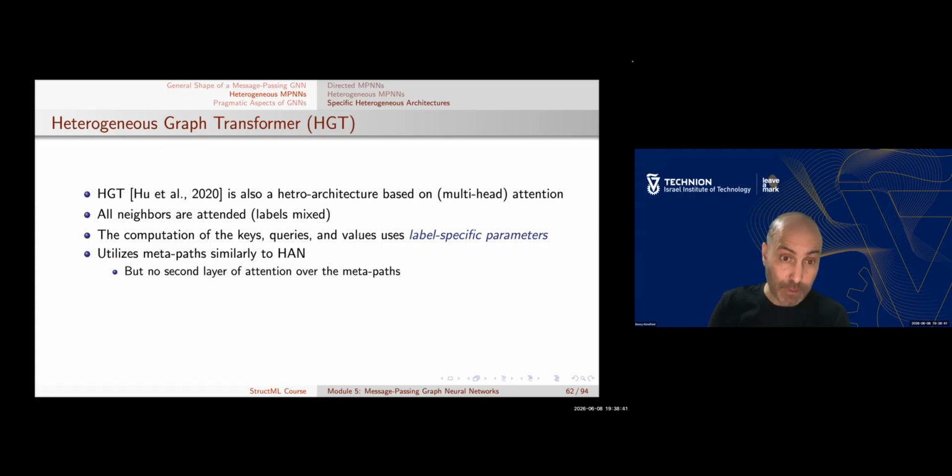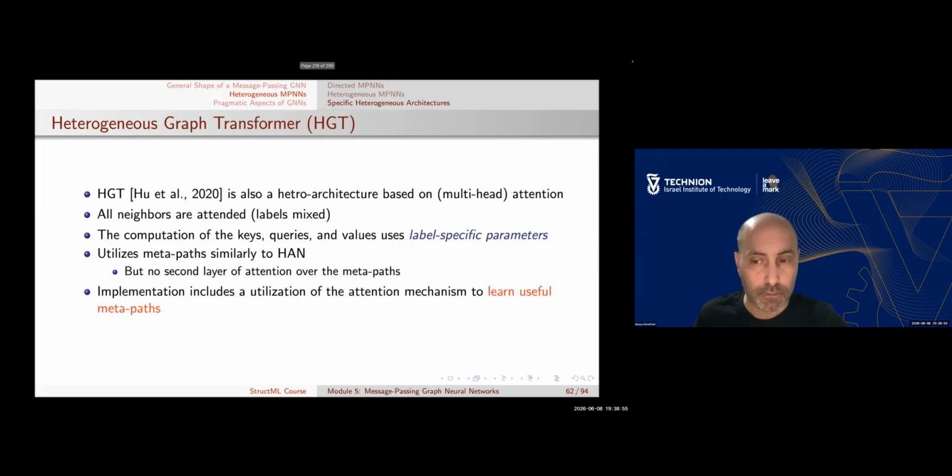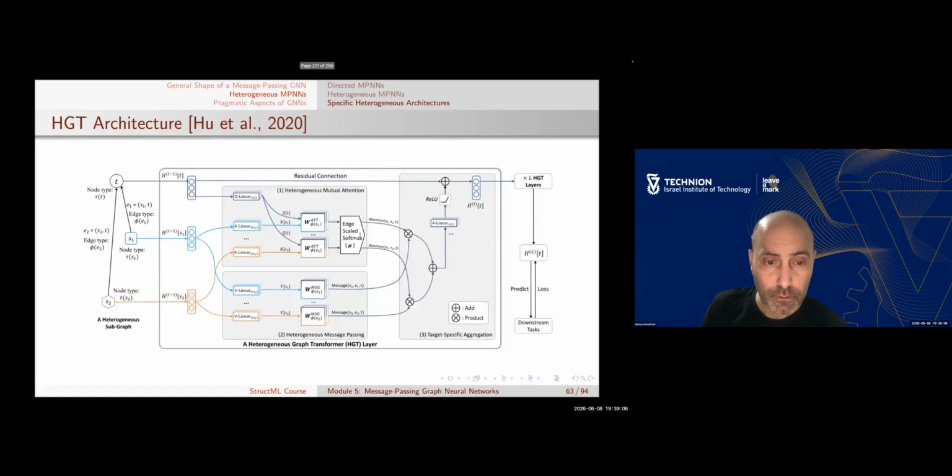And again, they generalize from labels tau prime to metapaths phi. But I don't use these two levels of attention, rather one level of attention. The paper also talks about ways of learning or choosing wisely useful metapaths. So this is how it looks, the AGT.